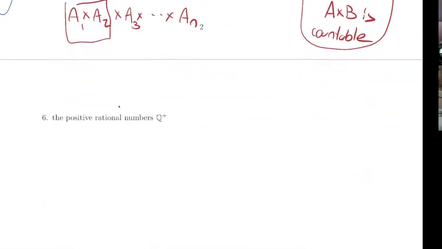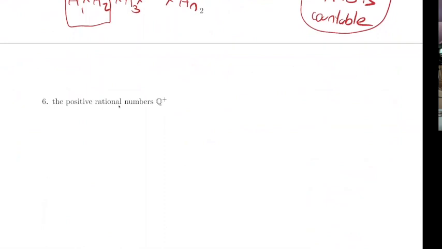So now if I want to change this to positive rational numbers, I can think of these positive rational numbers as ordered pairs, a over b.